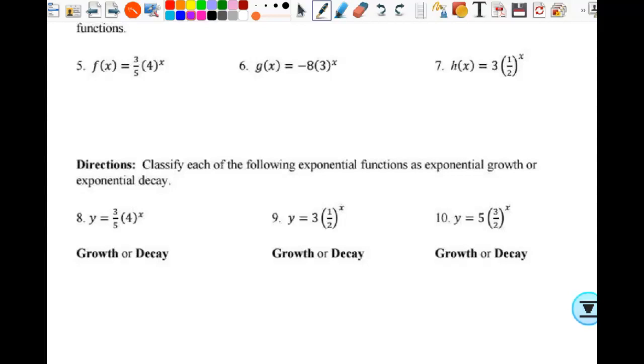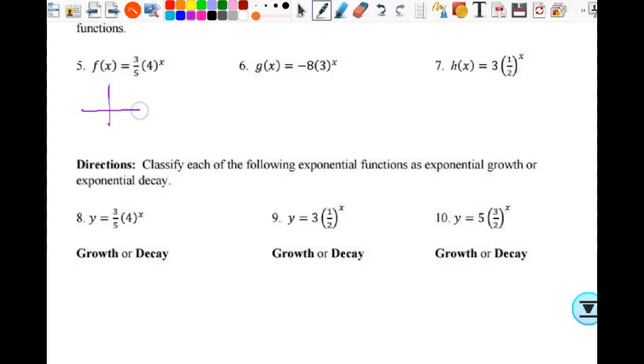Because you can't write the limit statements if you don't know what it looks like. Only 5, 6, and 7.